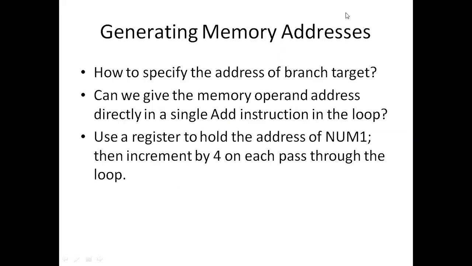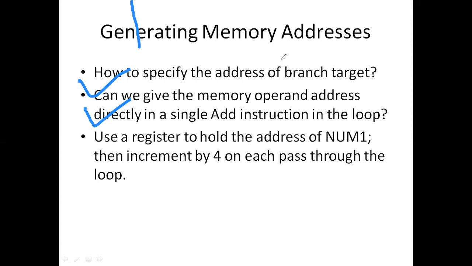Coming to the next topic, addressing modes. Generating memory addresses. How to specify the address of a branch target? Can we give the memory operand address directly in a single add instruction in the loop? Use a register to hold the address of NUM1 and increment by 4 on each pass through the loop.